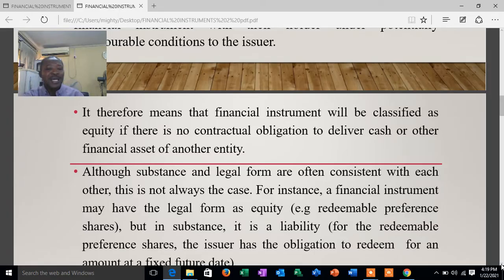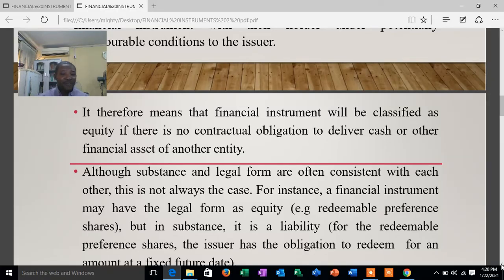So although substance and legal form are usually consistent, meaning that the substance of a transaction and the legal form most times go together, there are instances when that may not necessarily hold.